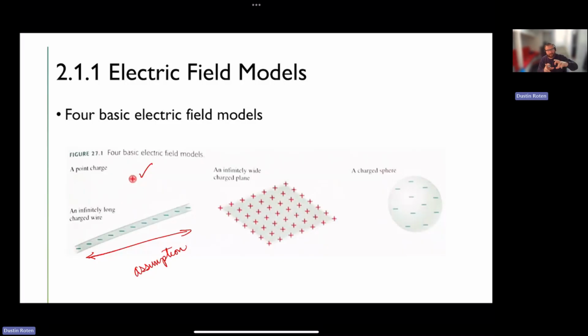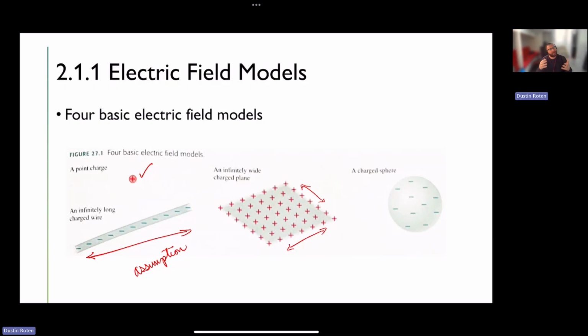We can also talk about an infinitely wide charged plane. Obviously, these don't really exist in the real world, but, and we'll see this later, if you have a charged plate that's maybe 3 inches by 3 inches, and all of your calculations have to deal with being right on the surface, well, you can assume that it's pretty much uniform and evenly distributed, and you can use this assumption that it's infinitely wide given your setup where you're really close to the surface.